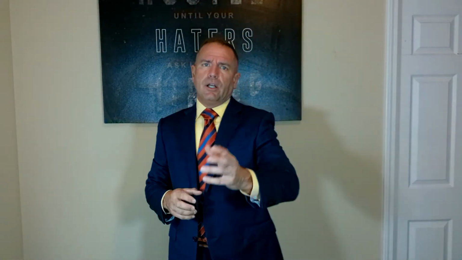If I was to sell you an indexed universal life policy guaranteed to age 100, for example, that means no matter what happens with the investment pool, the insurance carrier is contractually and legally obligated to pay a death benefit to your beneficiary until you reach 100 years old, regardless of what happens in the markets. That's how one of those guaranteed universal lives works, and that's what I'm a fan of if we're using it as a death benefit.